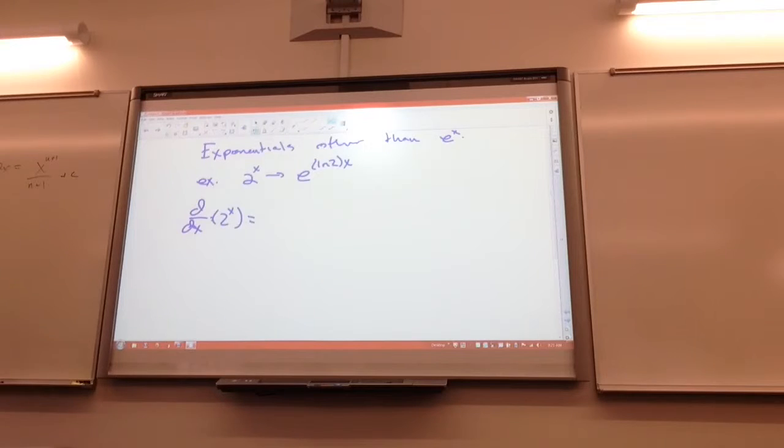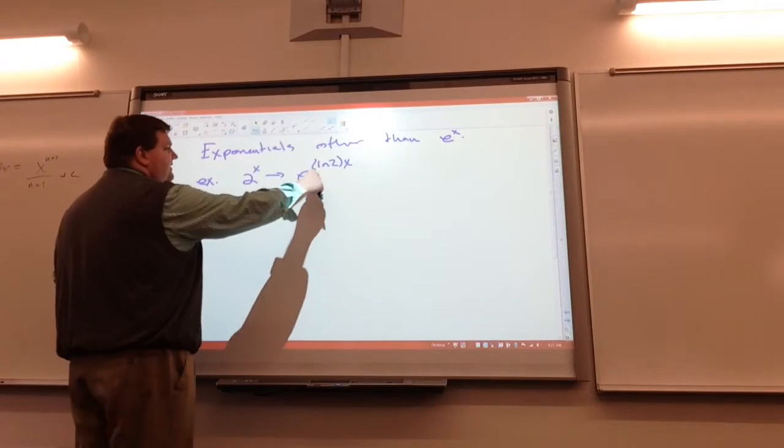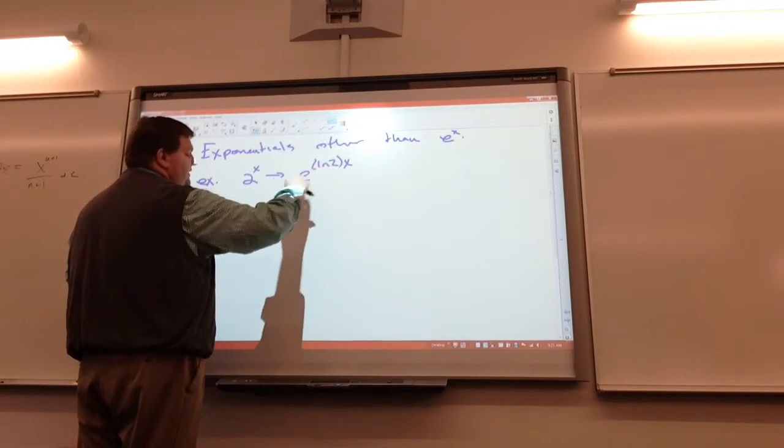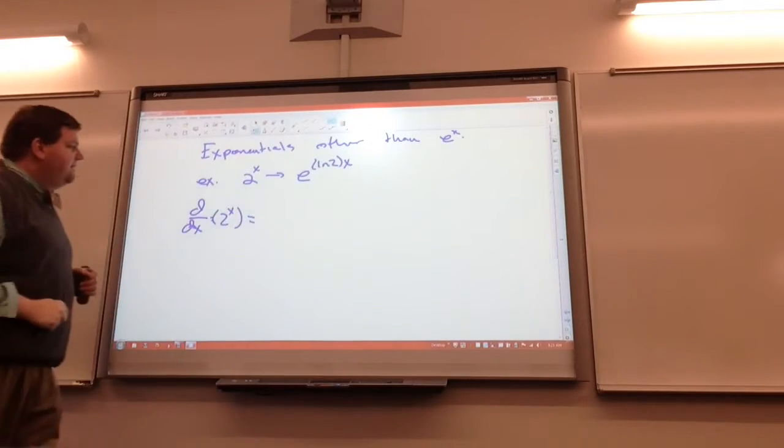This all goes back to properties of logarithms and exponentials. For the same reason that if I do ln of e, I get 1, if I do e to the ln, I get 1 as well. They cancel each other out. So I'm not doing anything different here. e to the ln of 2 is just 2, and it's being raised to the x.